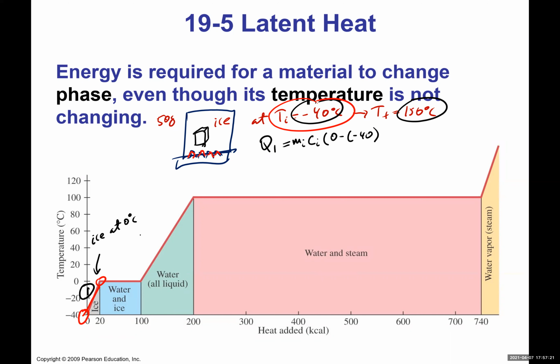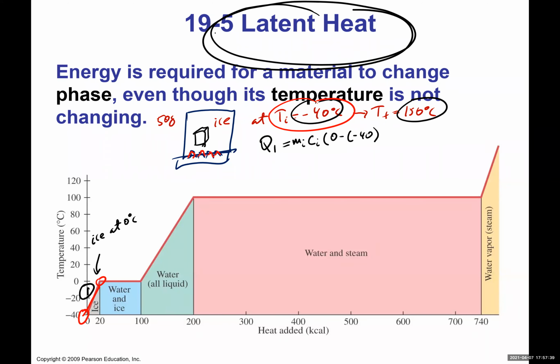What do we do next? Well, next we need to deal with what we call latent heat. The latent heat is the amount of energy that goes into changing the phase of a substance.